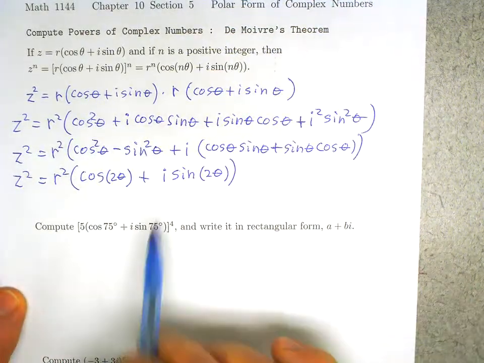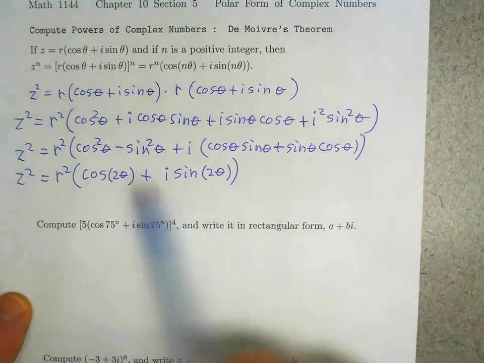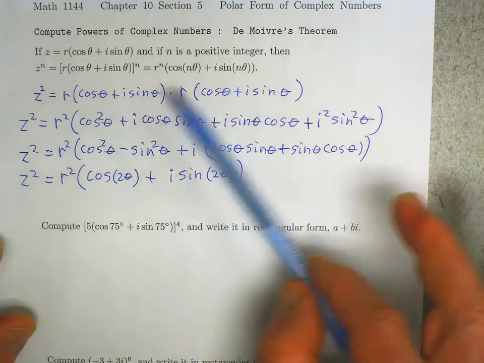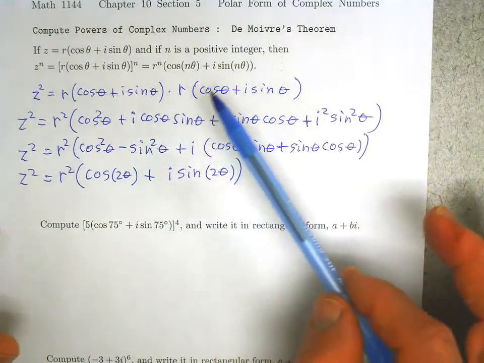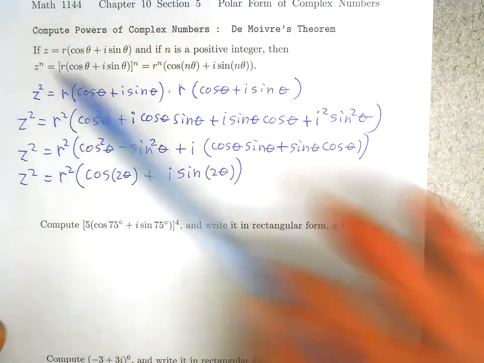So we can see that the formula works for n equals 2. And we won't do it, but we could use an inductive argument to show that it's true for all positive integers n.